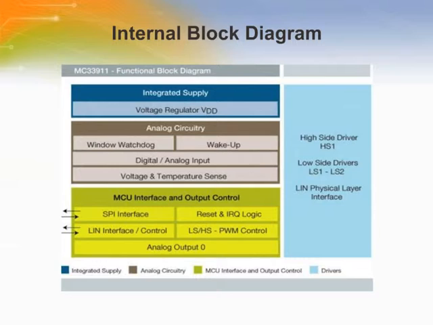The third block consists of an MCU interface, an output control with internal SPI interface, reset and IRQ logic, a LIN interface control, and pulse width modulation control. The fourth block consists of a high side driver, low side driver, and a LIN physical interface layer.